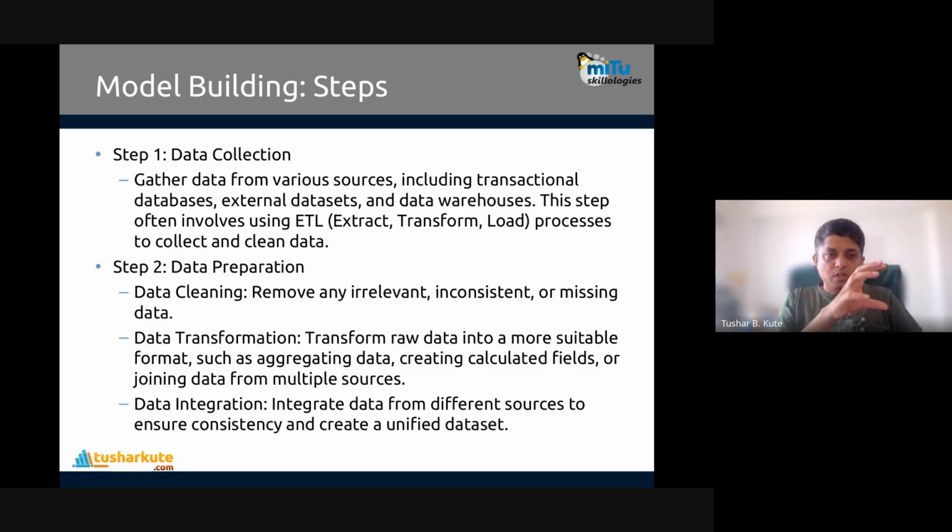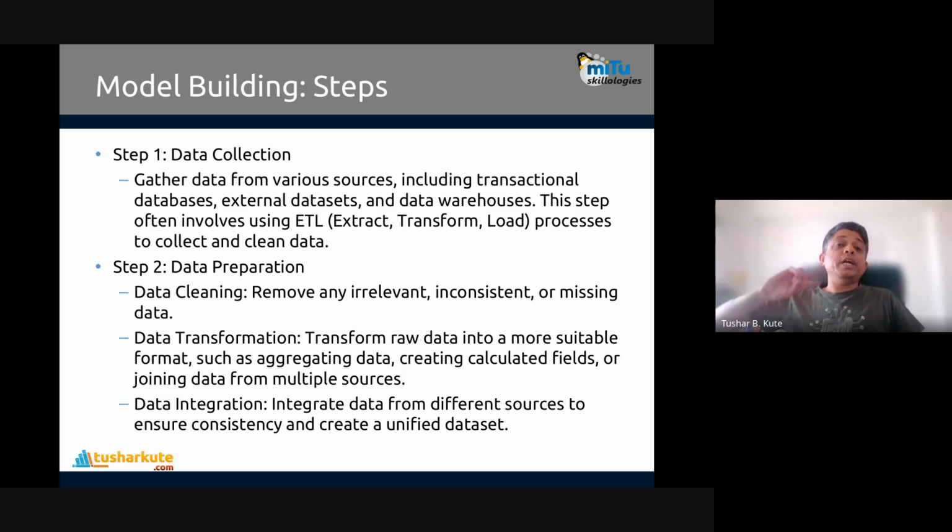With the help of a suitable technique, we can extract the data for building the model, transform it into the required format, and load it wherever it is required for building the model. That's step number one.